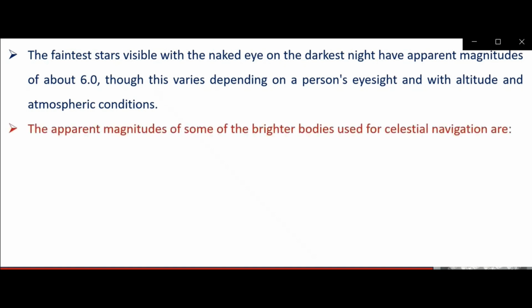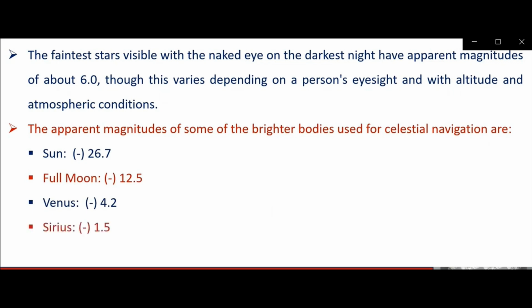The apparent magnitudes of some of the brighter bodies used for celestial navigation are Sun minus 26.7, Moon minus 12.5, Venus minus 4.2, and Sirius minus 1.5, showing that brighter the object, lesser is the apparent magnitude number assigned to it.